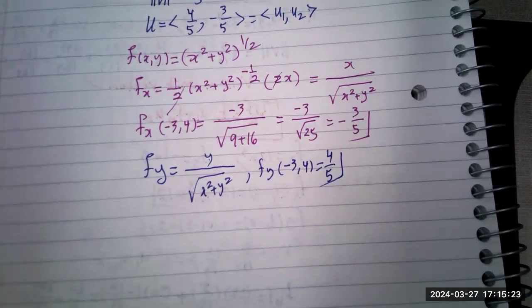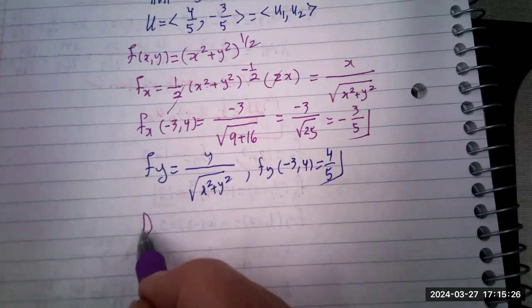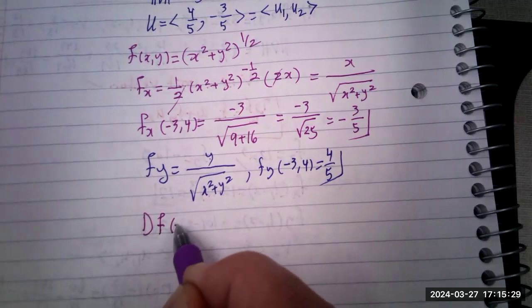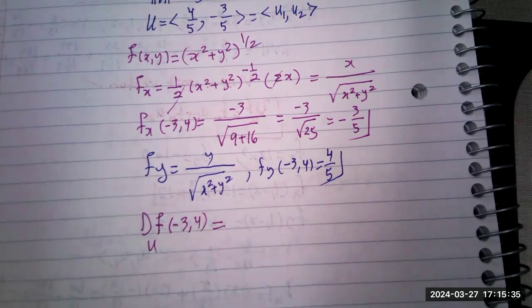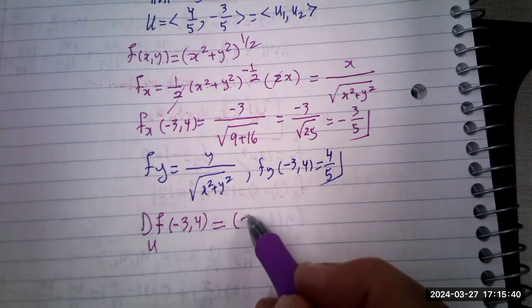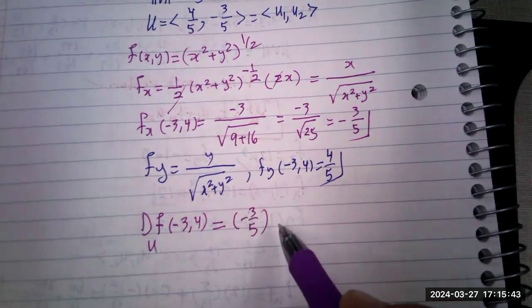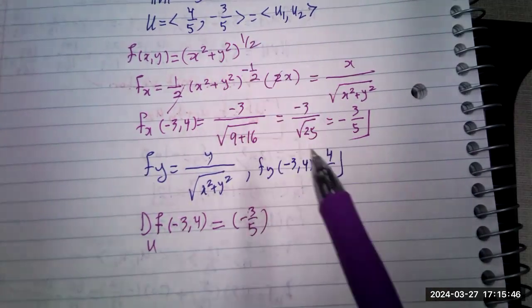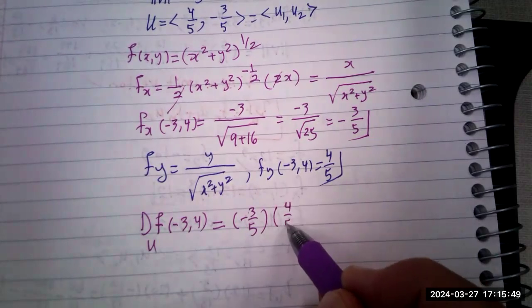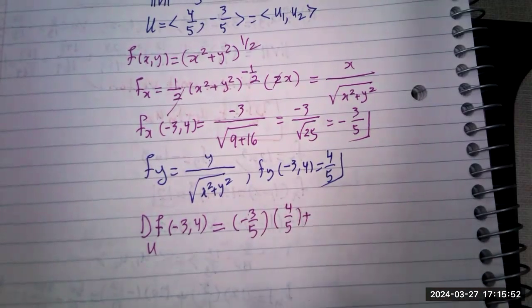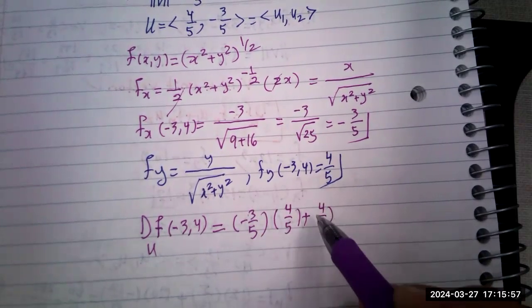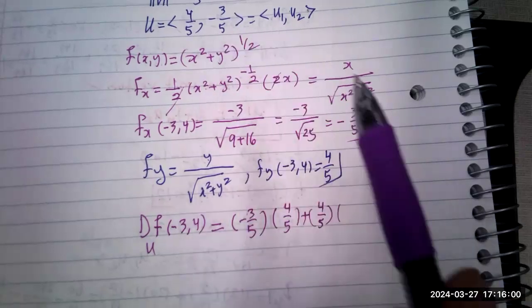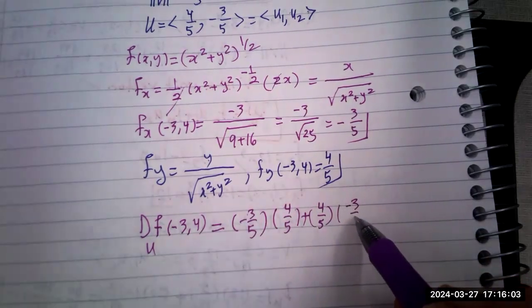Now we are ready to give you the directional derivative. So the directional derivative of f at the point (-3, 4) in the direction of u is equal to the partial of f with respect to x, which is -3/5, times u1, and u1 is 4/5, plus the partial derivative with respect to y, which is 4/5, times u2. u2 is -3/5.